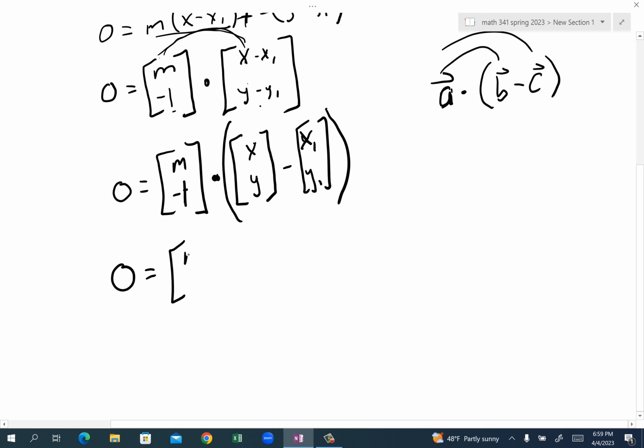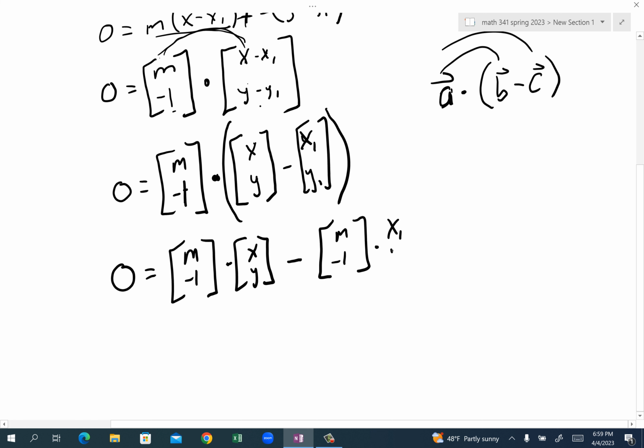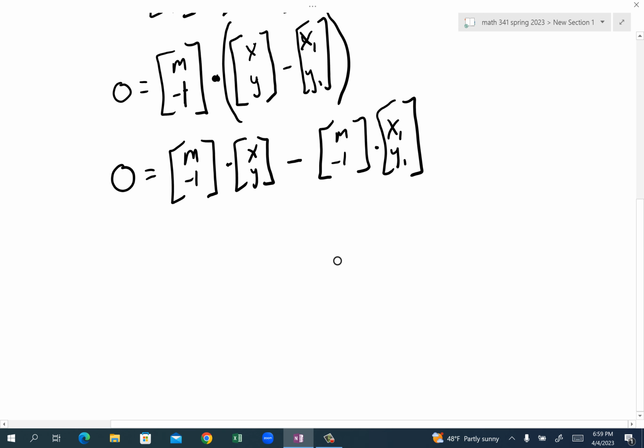You would get M1 like so, dot xy minus M negative 1 dot x1 y1 like so. Okay, and then this is what we add this amount to the other side.